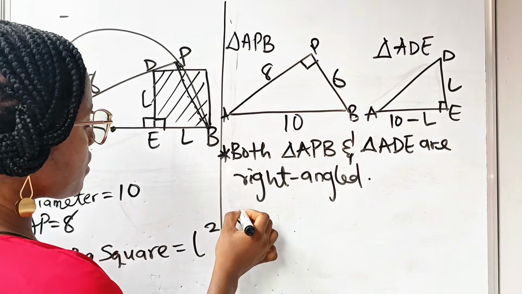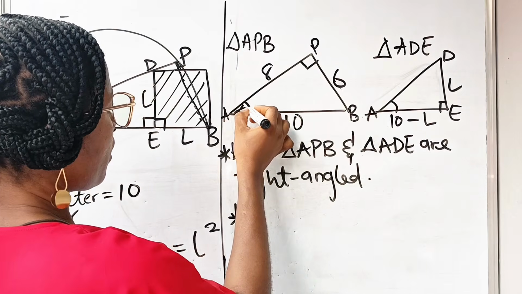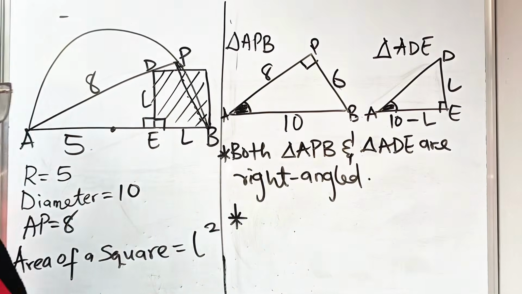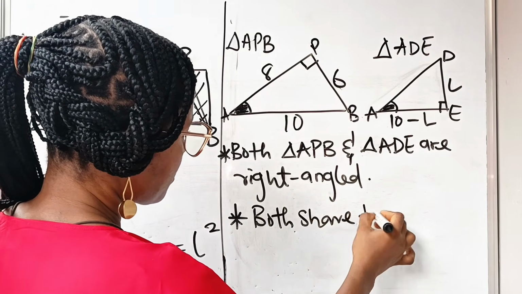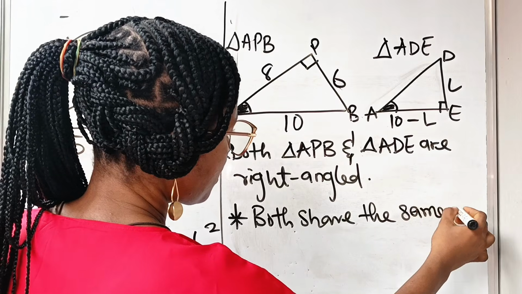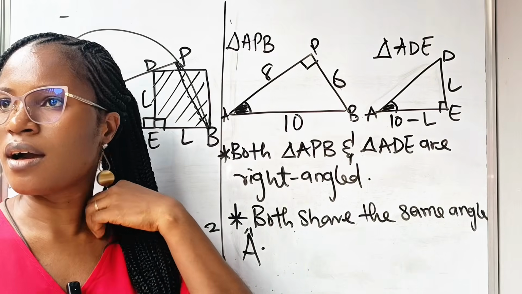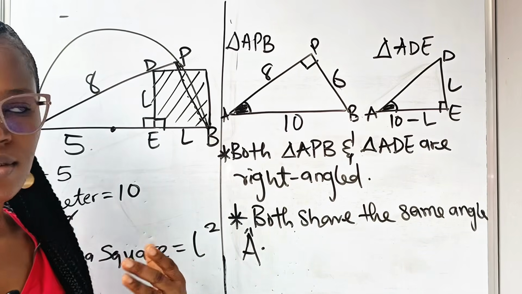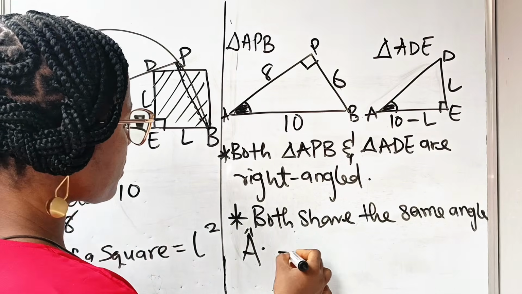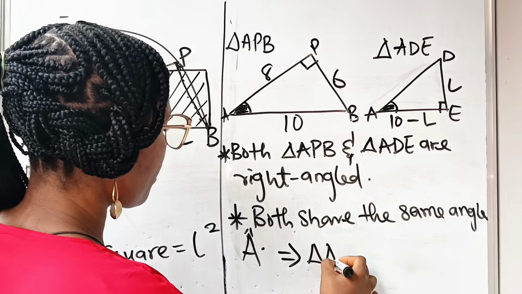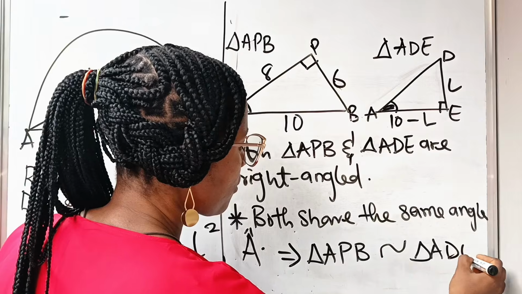Now the second one, you can see that both share angle A. They both share the same angle A. So using the AA theorem, we can say that triangle APB is similar to triangle ADE.